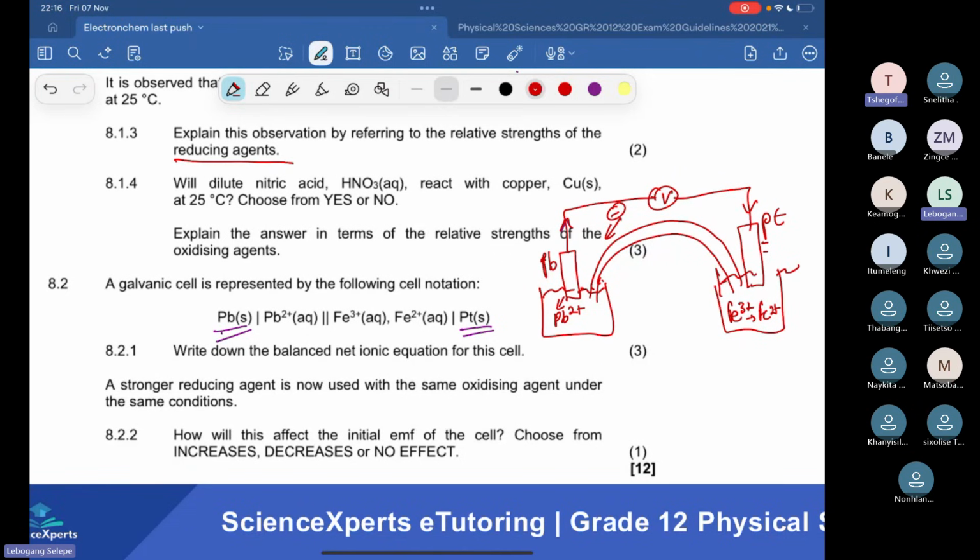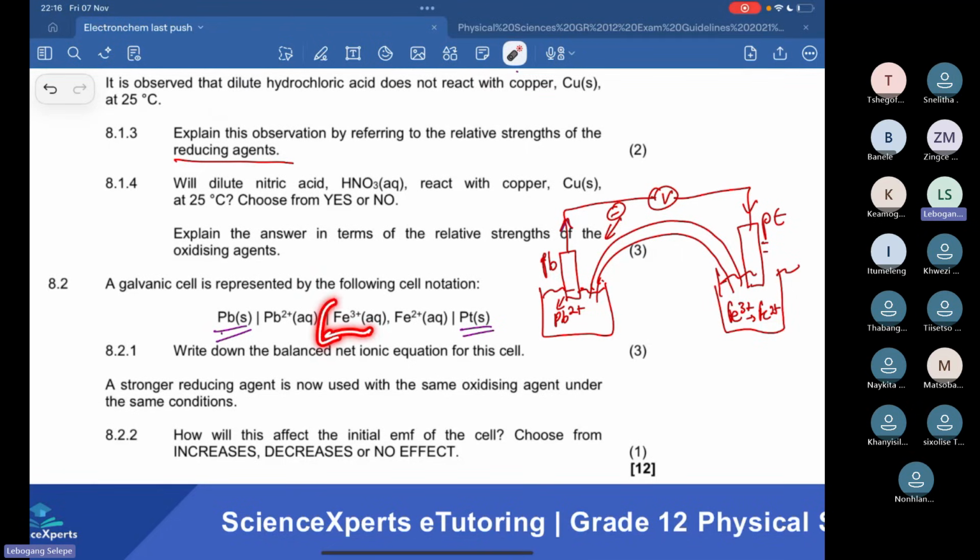It is also possible to use it if it's not gases, because look, when Fe3+ changes to Fe2+, these species here will still remain aqueous, right? So the Pt is just acting as a surface for the reaction to take place.